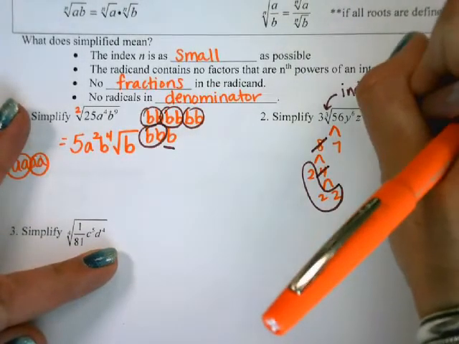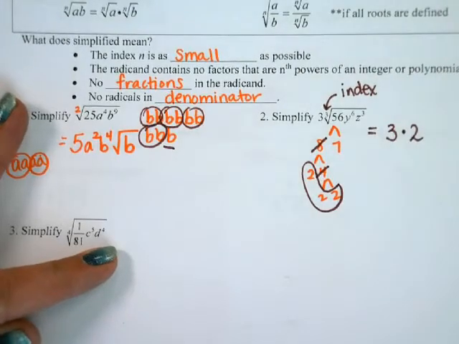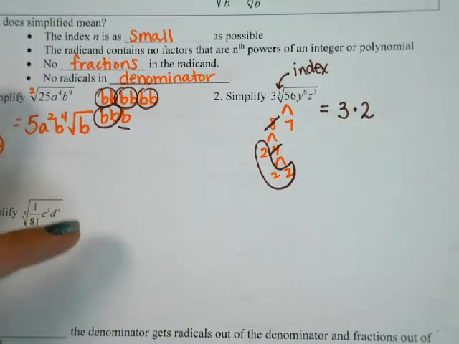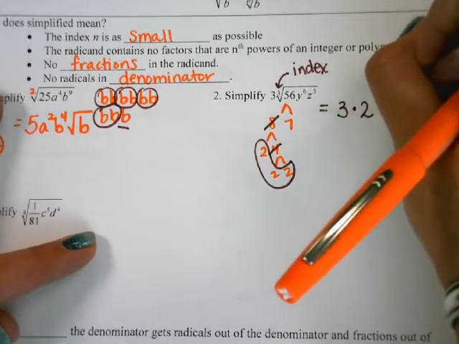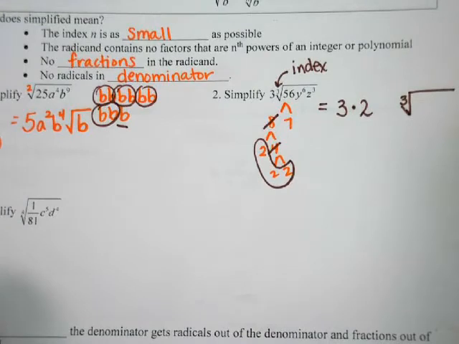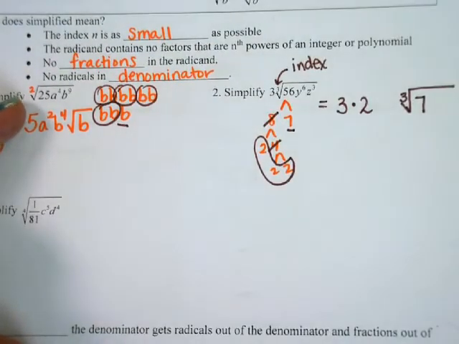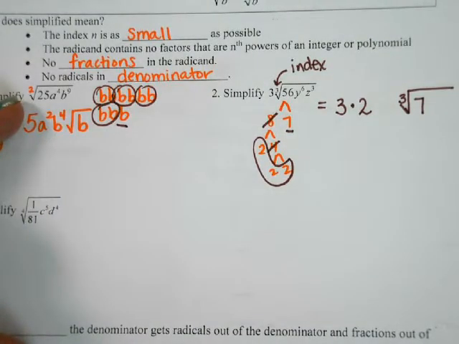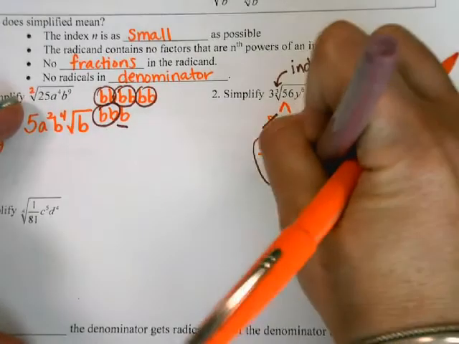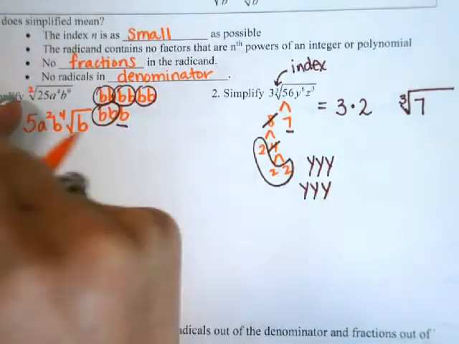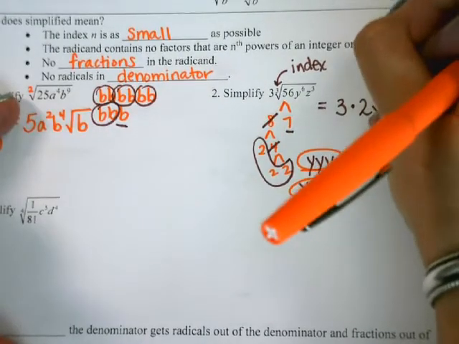So I still have that 3 hanging out front before. I have a group of 2's that come out. I'm going to leave some space so I can deal with my variables. Put your index back. What has to stay in the radical? The 7 does. Then I have 6 y's. Two groups of 3 come out, so I have y squared.